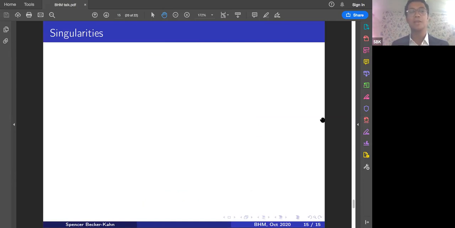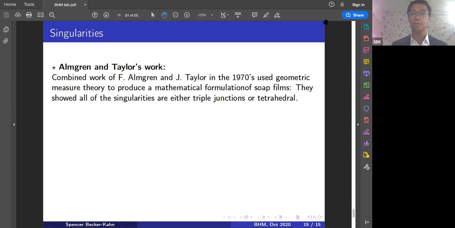I'll just give you a couple of remarks about a success story involving these things. Much later than the other dates I've mentioned, in the 1970s, Almgren, one of the pioneers of the modern geometric measure theory, and Jean Taylor produced a lot of work in geometric measure theory, which resulted in a classification of the types of singularities that occur in a particular formalization of soap films.